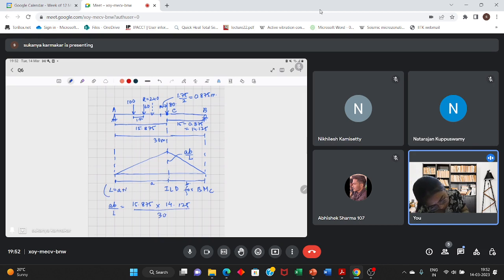So this comes out to be 15.875 into 14.125 divided by 30. So it comes out to be 7.474.